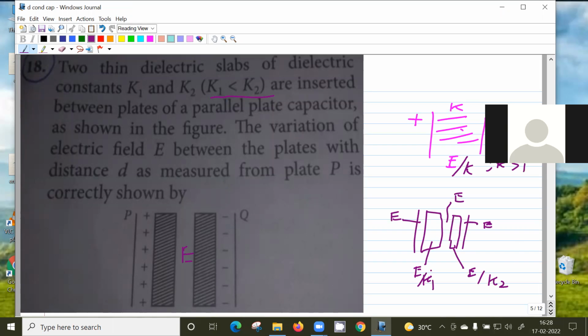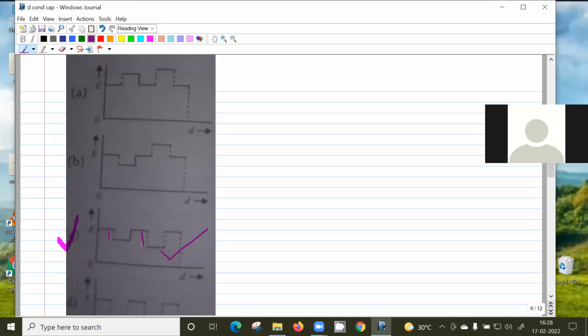The electric field will go down by a factor of 1 by K. And K2 is greater than K1. So here the drop in electric field will be more because K2 is more than K1. So this is the option that's matching. The drop will be 1 by K2 here and 1 by K1 here. And K2 is more, so the drop here is more.